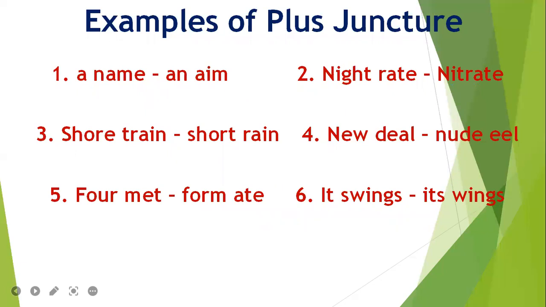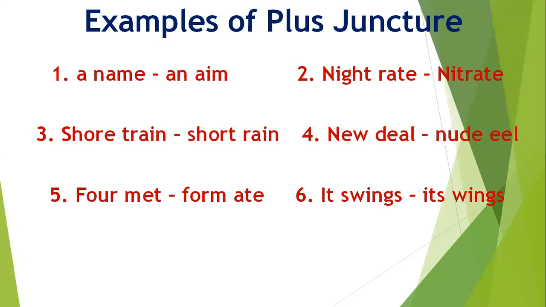Okay, so again, we have 6 examples here. We have a name, and then an aim. Number 2, we have night rate, and then nitrate. Short train, and then short rain. New deal, nude eel. Four met, form eight. It swings, its wings.